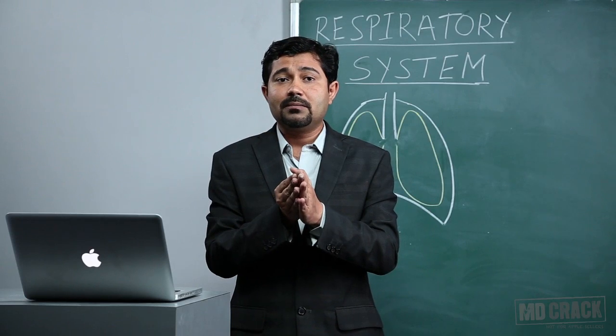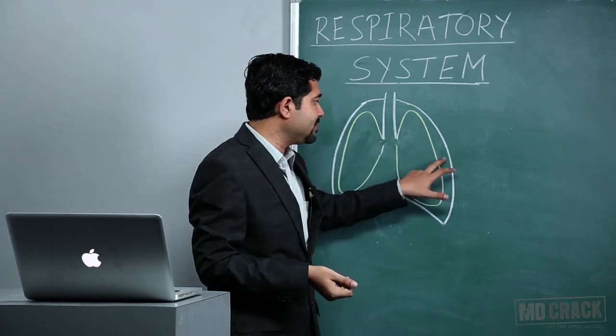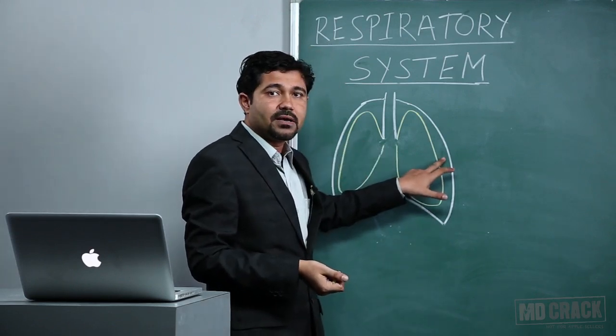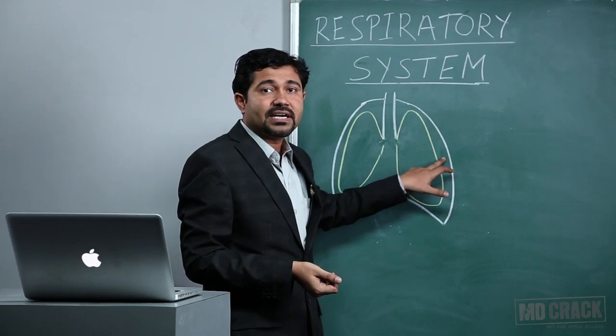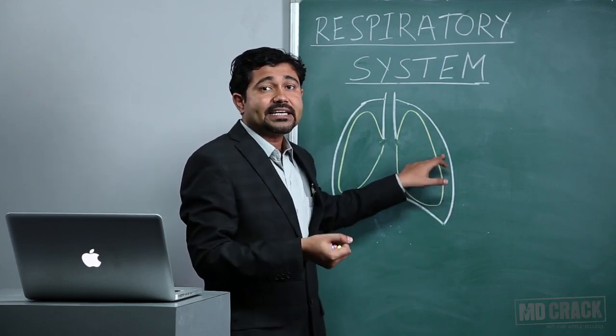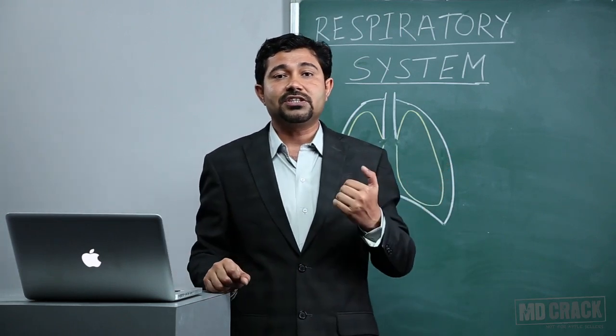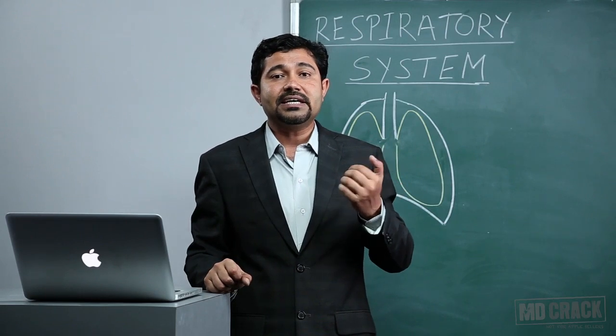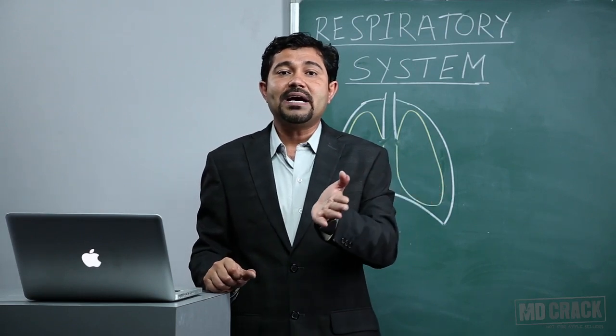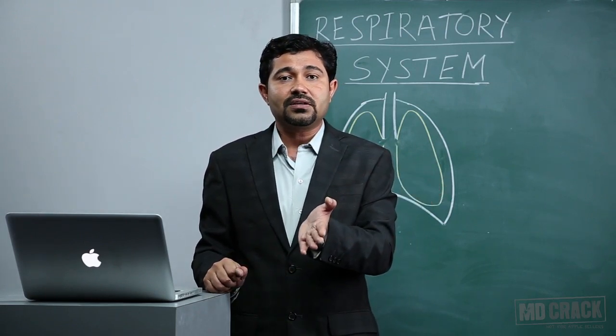Normally the pressure in the pleural cavity is minus 5 centimeters of water at the end of expiration. It can become more negative when we do forceful inspiration. So at the end of inspiration, it can reach maximally minus 7.5 centimeters of water.